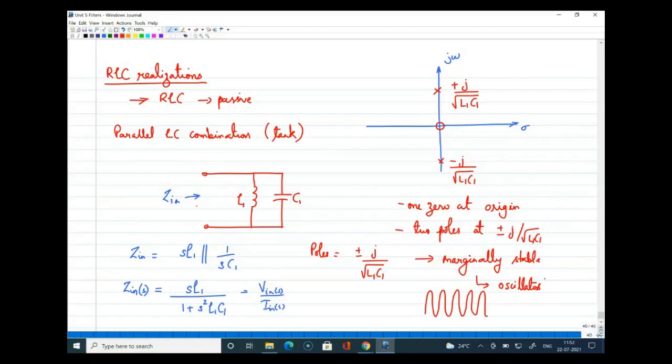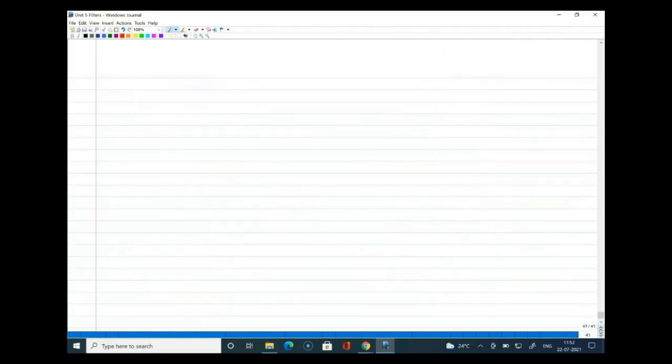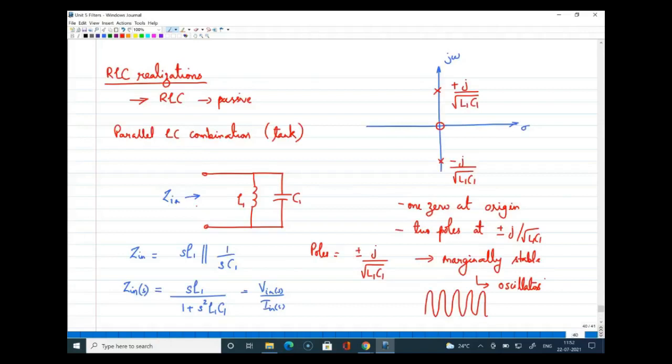From the input impedance expression, now if I'm asking you to find the magnitude of this impedance by replacing S as j omega, can you tell me what is the magnitude of the input impedance here? I'll just substitute S as j omega and consider only the magnitude.